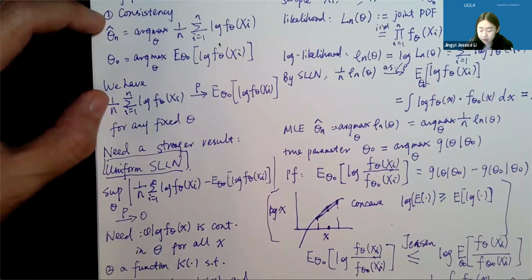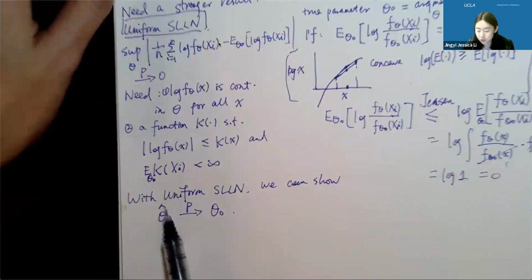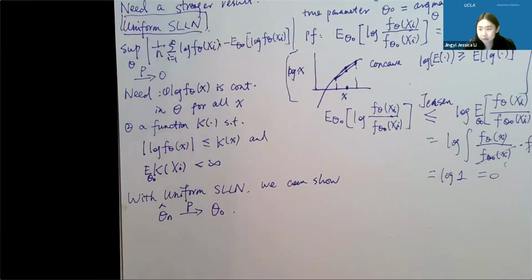The second result is that we want to know the asymptotic distribution of the MLE in relation to the true parameter. Knowing that there's a convergence is not enough to describe the randomness of this MLE, just as we have seen for the sample mean.